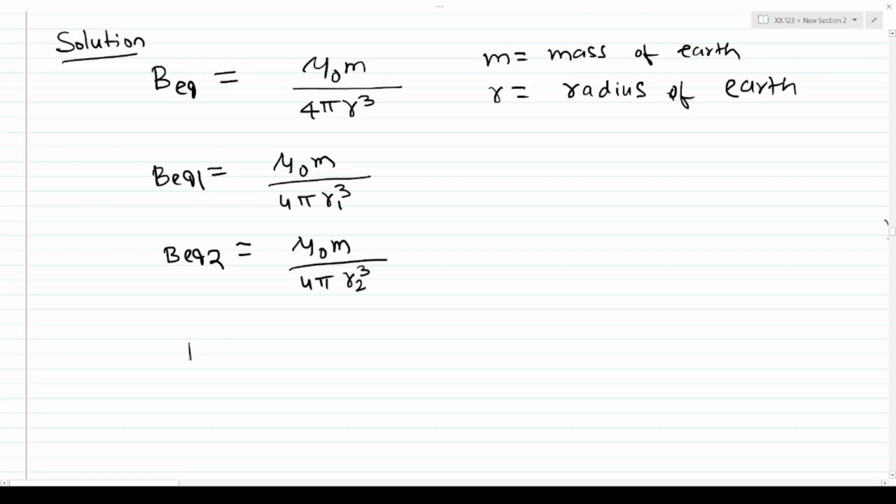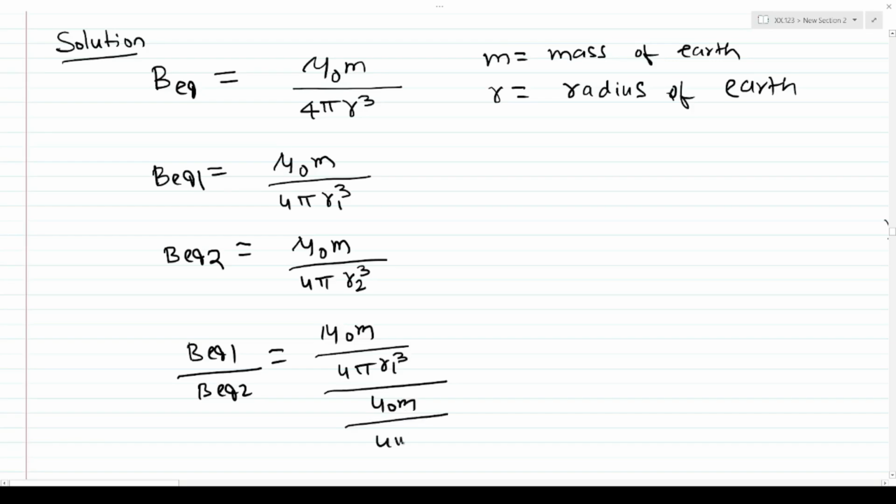Therefore, dividing first by second, we get mu naught m upon 4 pi r1 cube divided by mu naught m upon 4 pi r2 cube.